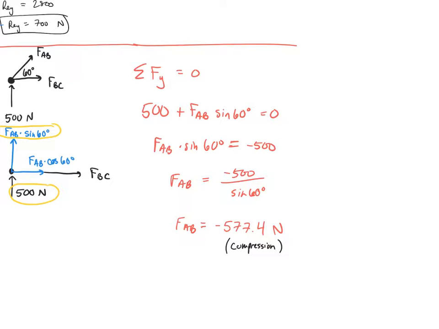Isn't FBC and FAB going to the same side? Doesn't FAB affect FBC?